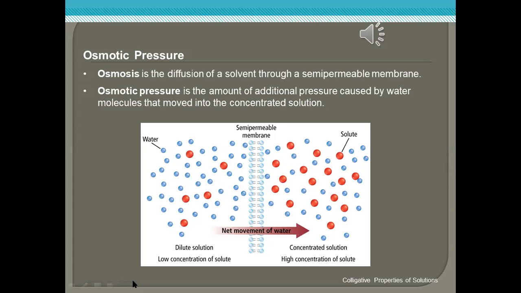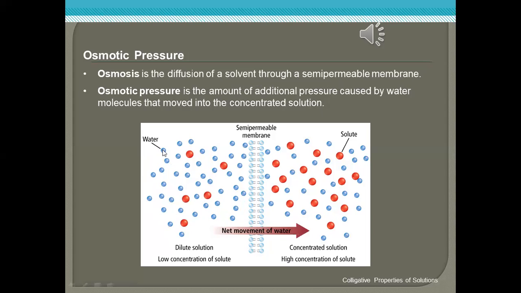Okay, after that, what's meant by osmosis? Osmosis is the diffusion of a solvent through a semi-permeable membrane, which allows some particles to pass through, not all particles, and there is no net movement of water.